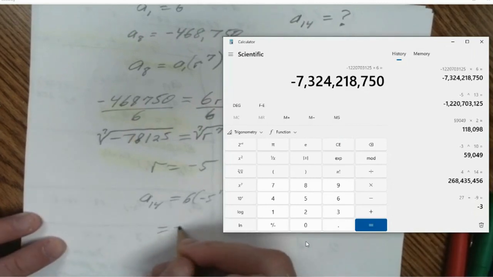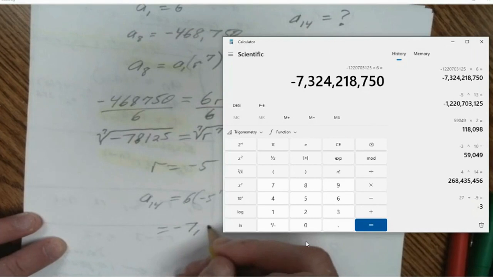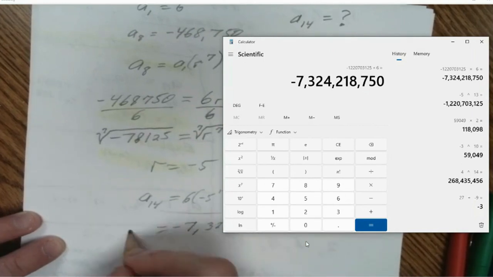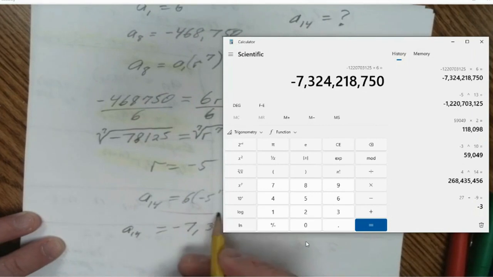So it's negative 7,324,218,750. That's what a sub 14 is.